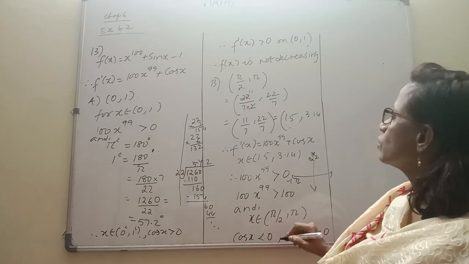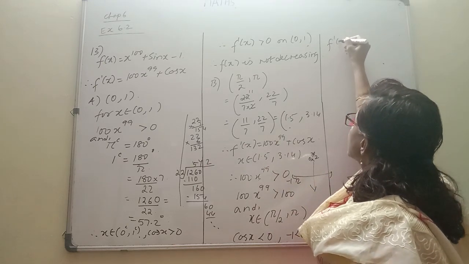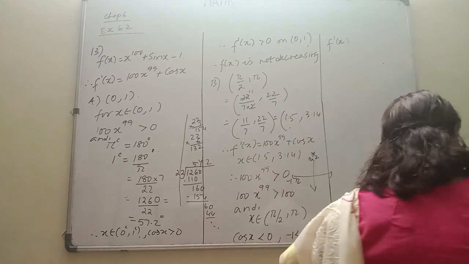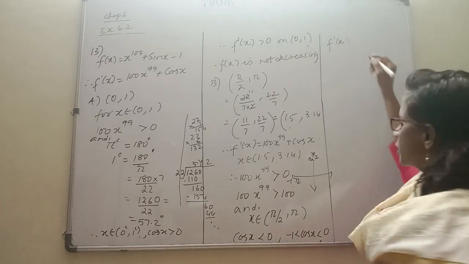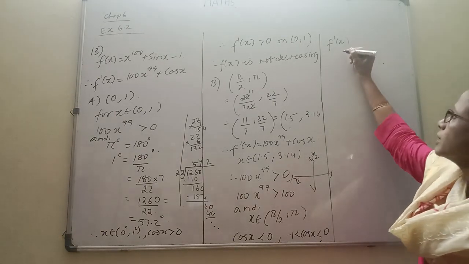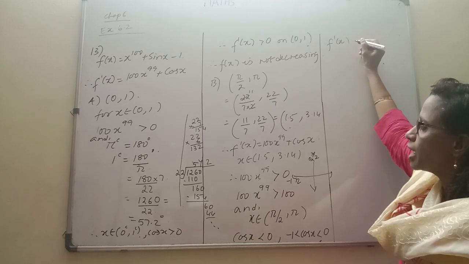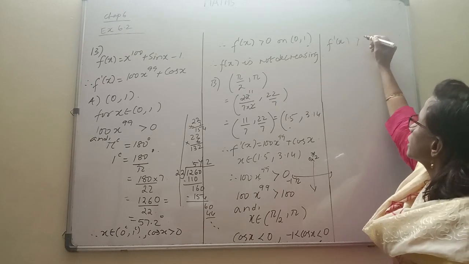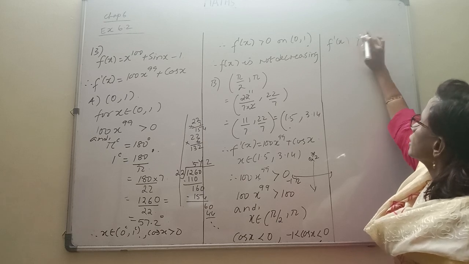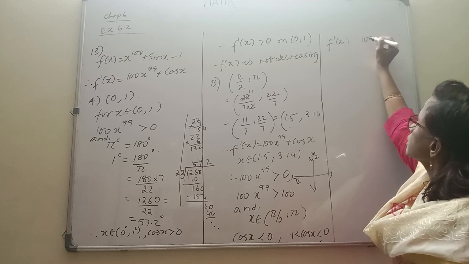So in that case, when you look at f dash x, the first part, 100 into x raised to 99, is some value that is more than 100.